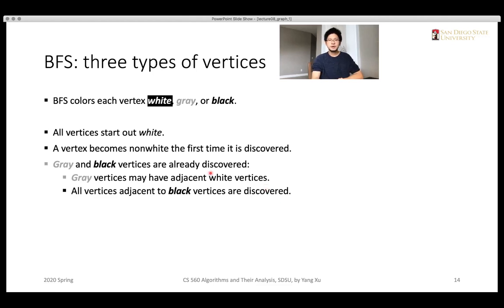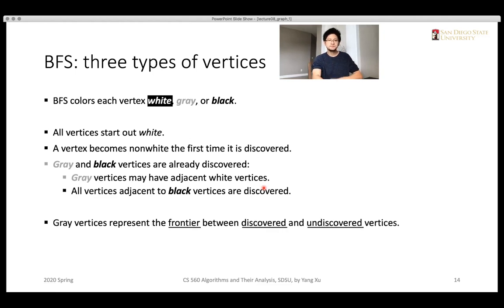So the gray ones may reach undiscovered vertices, but all the neighboring vertices of black ones are already discovered. Basically, the grays represent the frontier between the discovered and undiscovered vertices. The undiscovered ones are white, and the gray ones lie in between, connecting the discovered vertices and the undiscovered vertices.